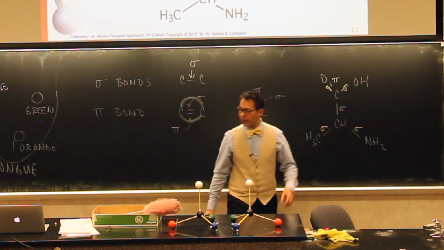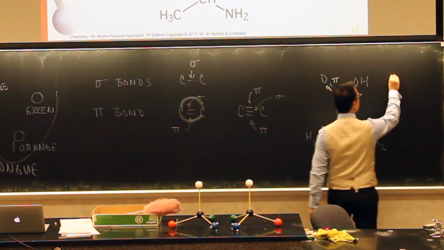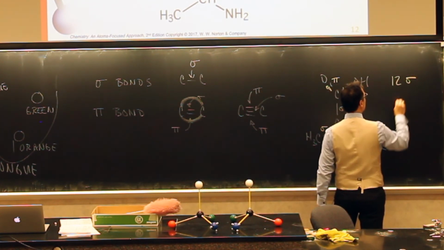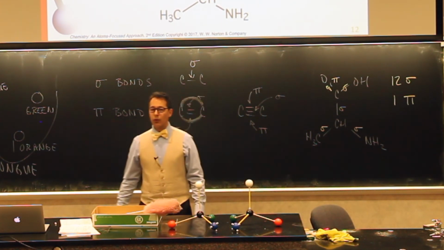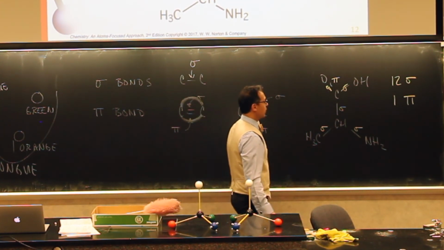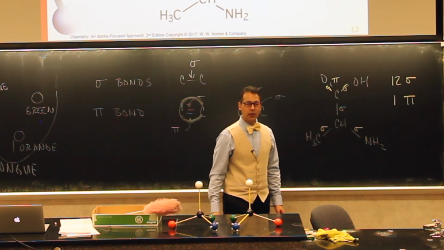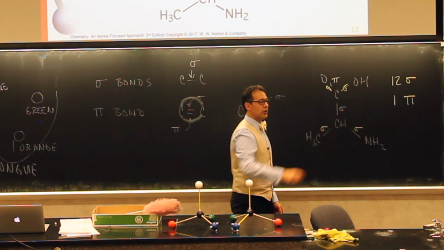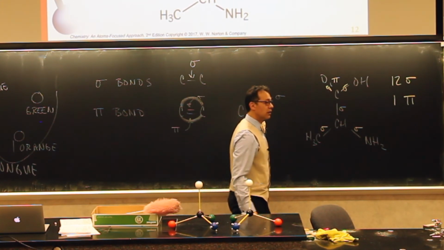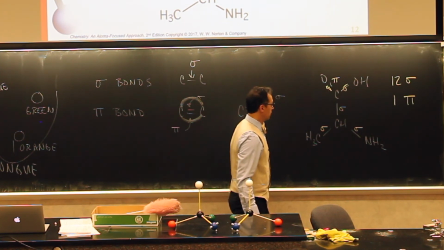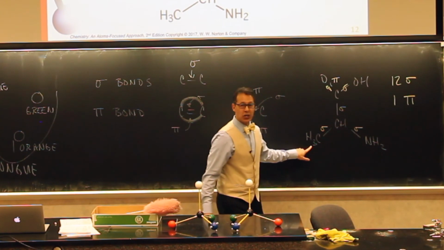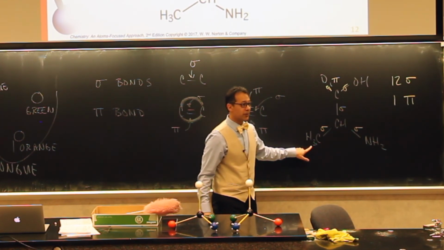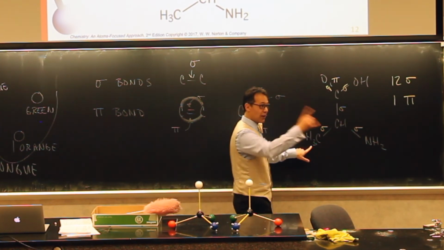But it tells us up there we've got 12 sigma and 1 pi. Where are those other sigma bonds? It's like they're hiding. Can you find them? What are you seeing? So the carbon atom and the H3. Yep, there's bonds hidden in there, but I was too lazy to draw them. But you saw through that.